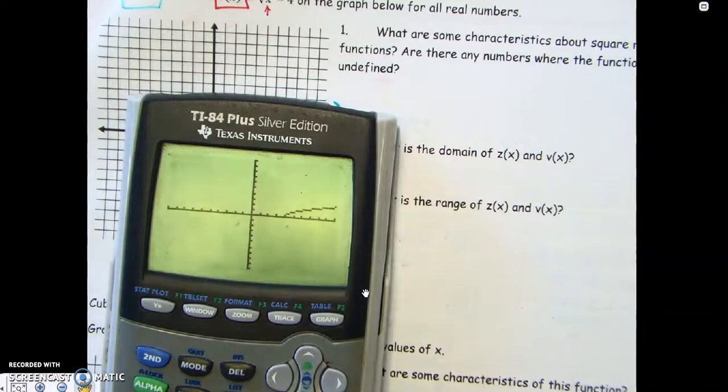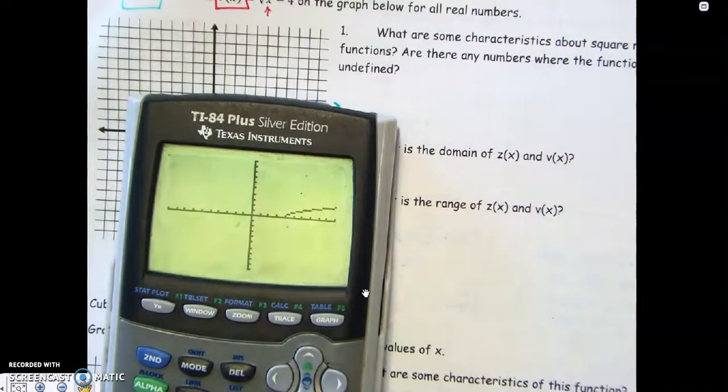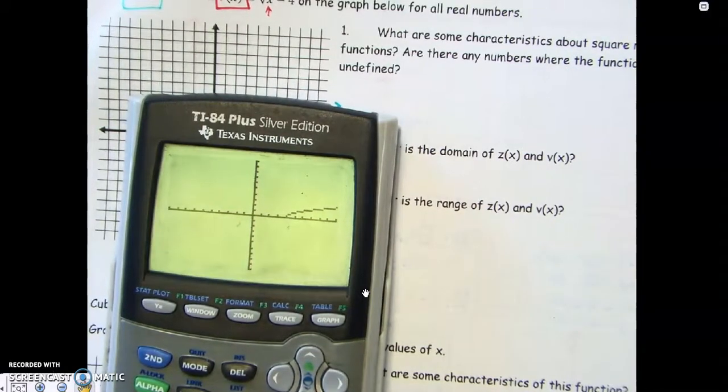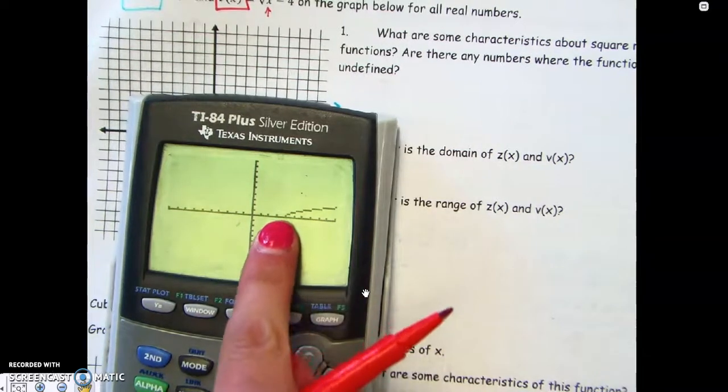For example, if x was 2, 2 minus 4 is negative 2, and I can't take the square root of a negative number. So anything less than 4 will make that a negative number. That's why my domain starts at 4 there.